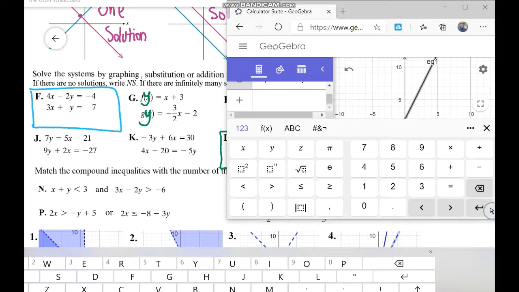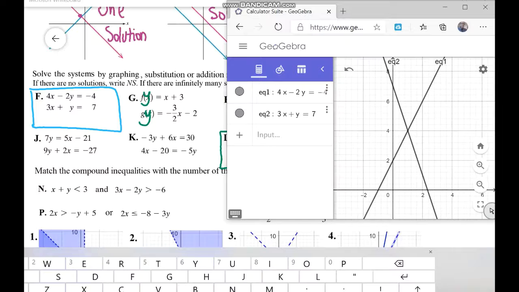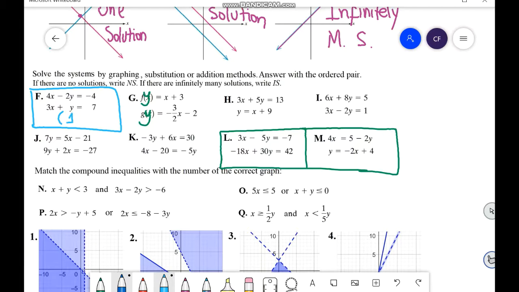Type the second equation, 3x plus y equals 7. And the solution is the intersection. You have the lines here. The intersection is x equals 1, y equals 4. The answer is going to be x equals 1, y equals 4. Okay?